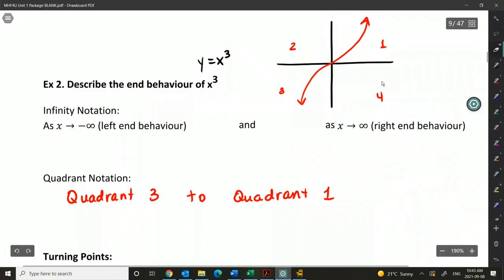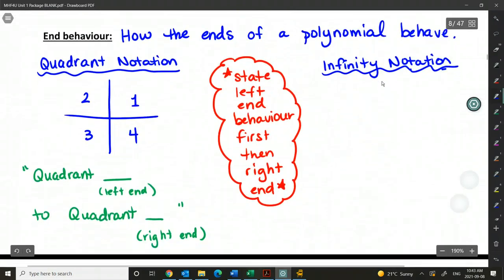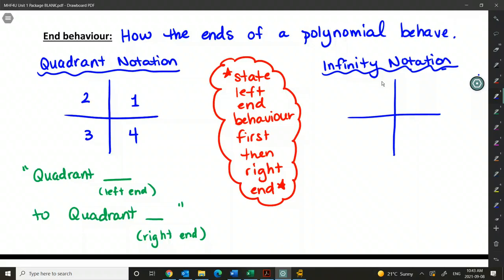Okay, let's do infinity notation here. I'm going to draw a picture for this as well. The mathematical sentence we write is a bit more complex, but don't try to complicate it in your head.